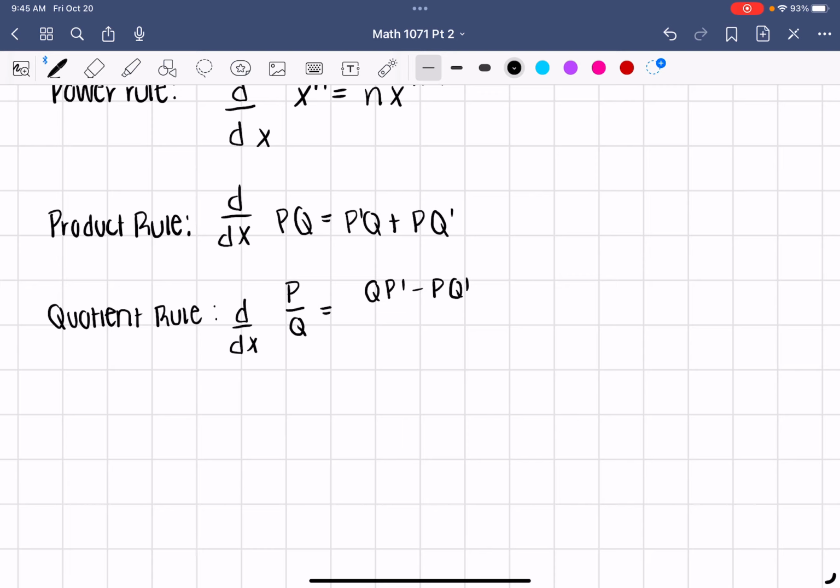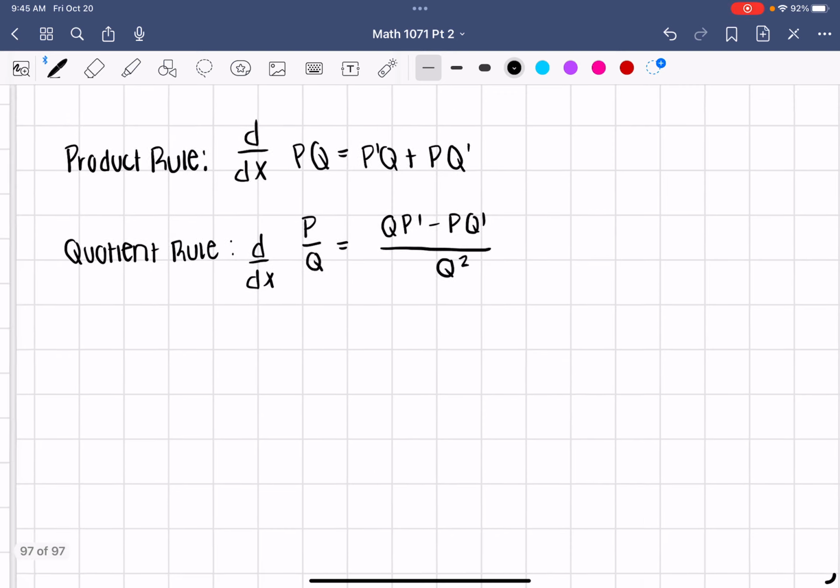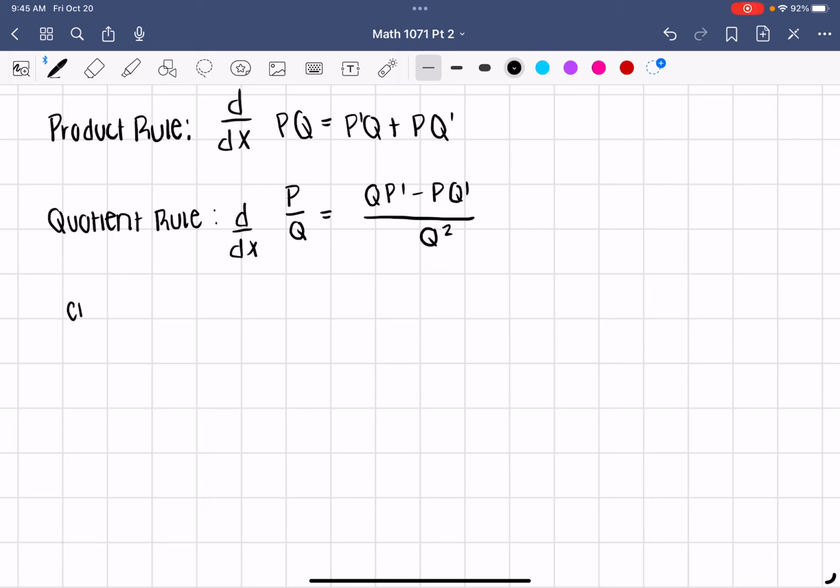Where we're going now in chapter 6 is the reverse. And the reverse is a whole lot harder. What do I mean by reverse? Here, you're taking the derivative of a function. What we're going to do in chapter 6 is I give you the answer, and you come up with the function from whence it came.